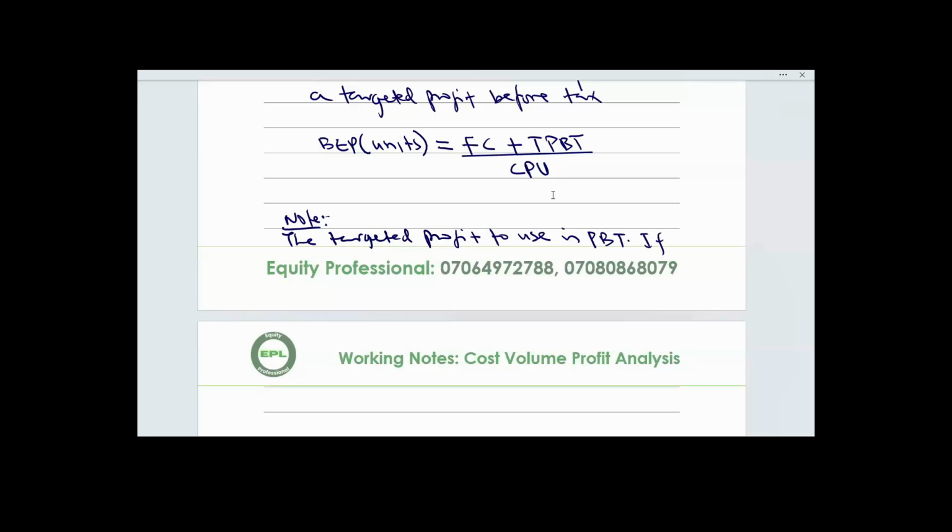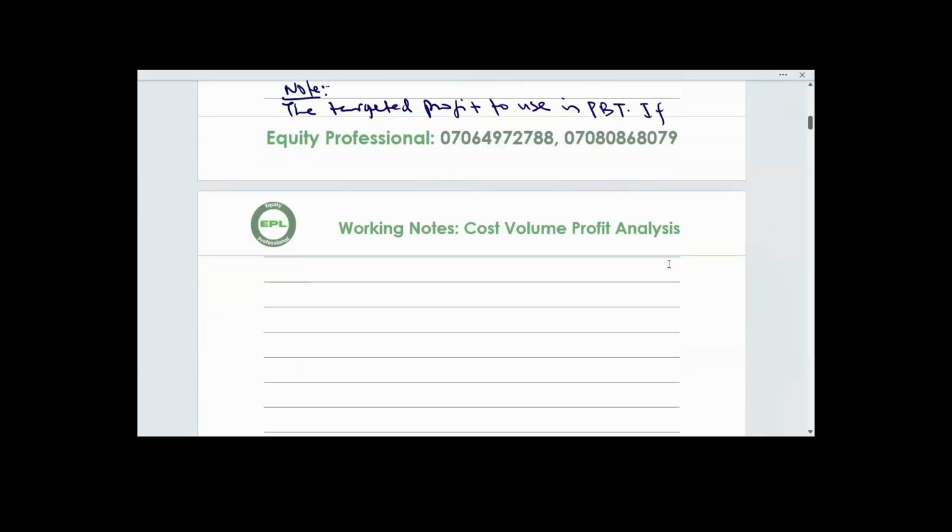If profit after tax is given, it should be converted to profit before tax when calculating break-even point.